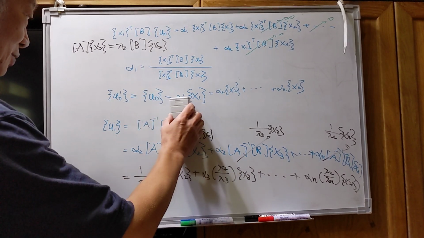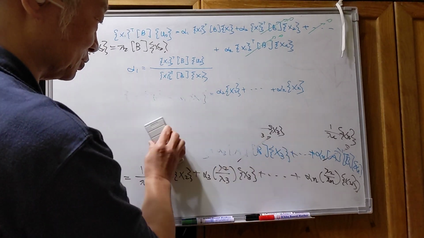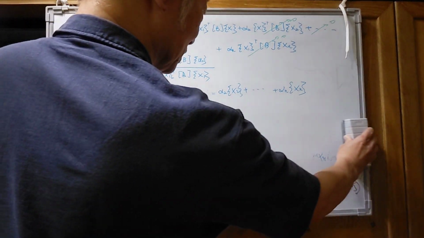In the second iteration, we will multiply A inverse B to u1 again.